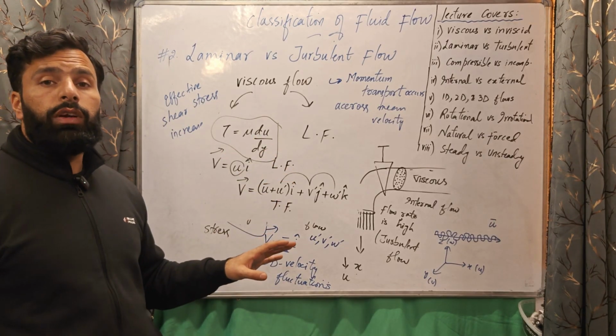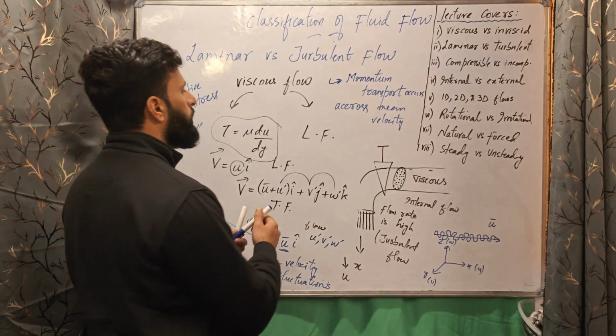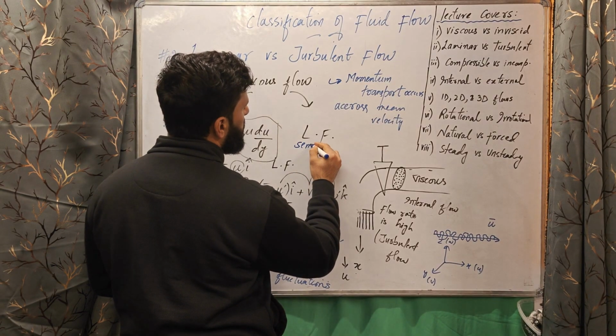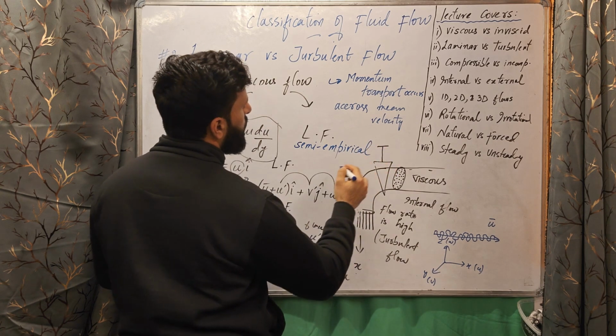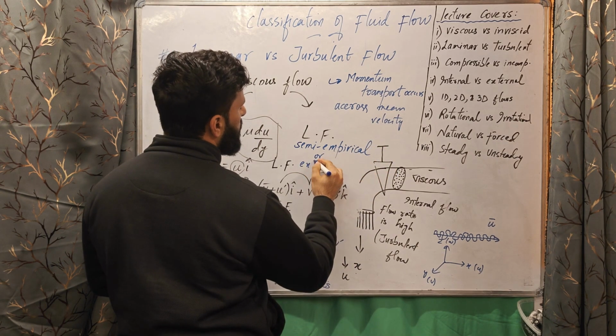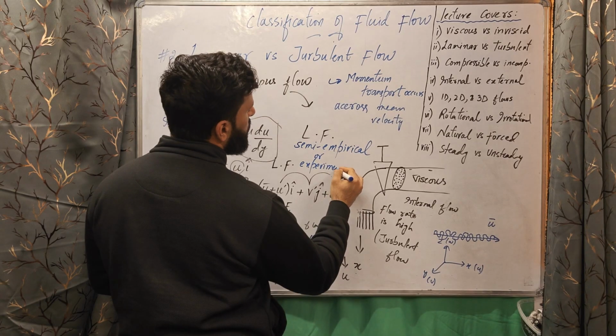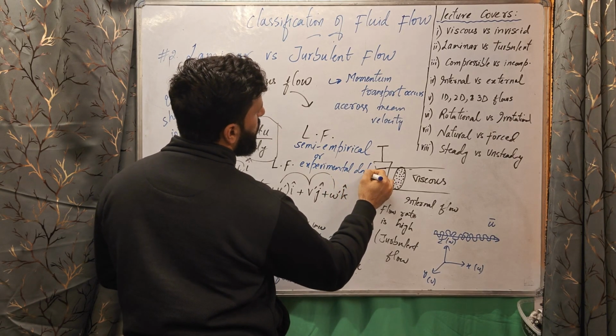And that's why in case of turbulent flows, we have to rely on semi-empirical models or relations, or experimental data. So what are these two terms?